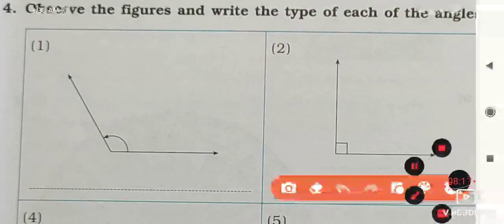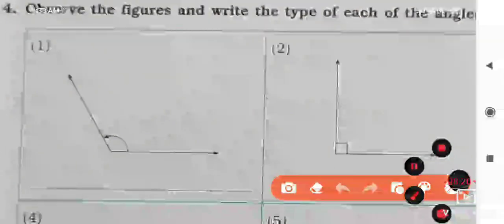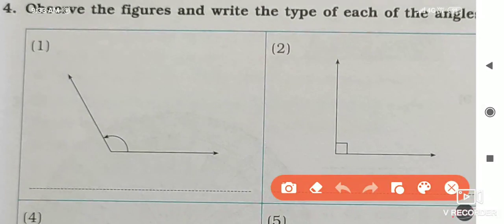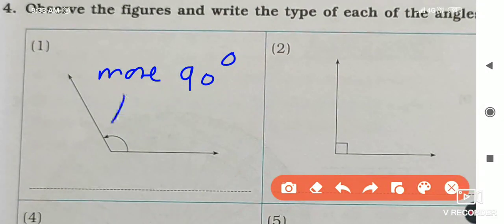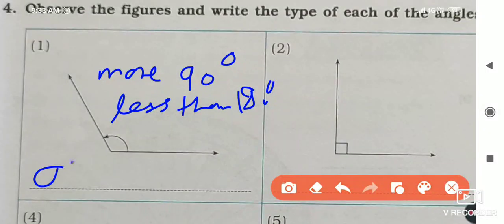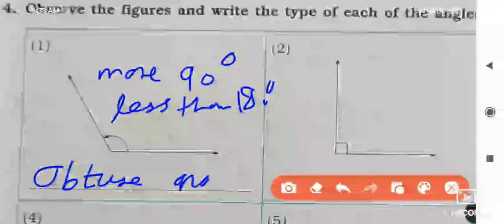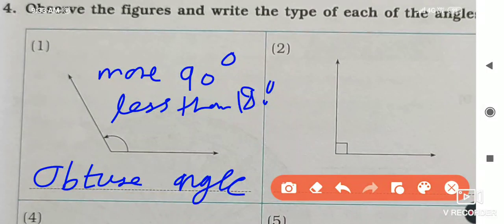If you see the first picture, you will understand that this angle's measure is more than 90 degrees and less than 180 degrees, and that's why this angle is which type of angle? Obtuse angle. This angle is called an obtuse angle.